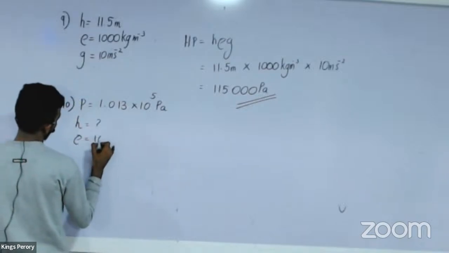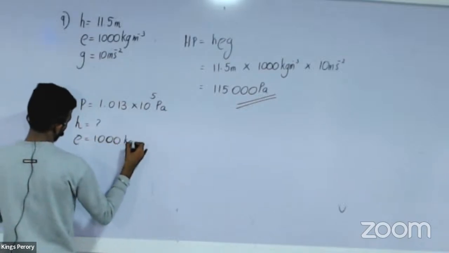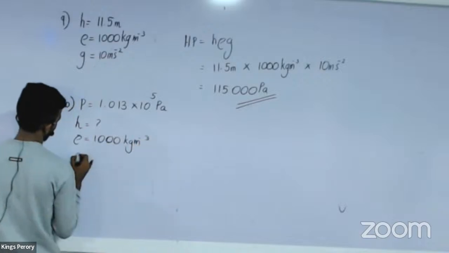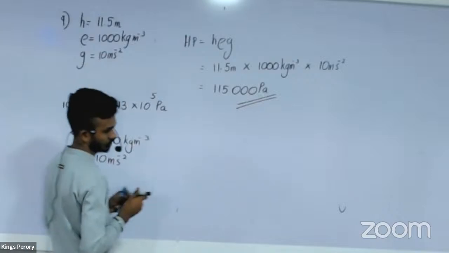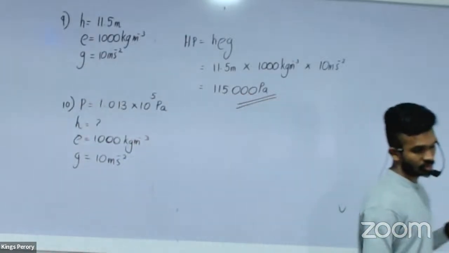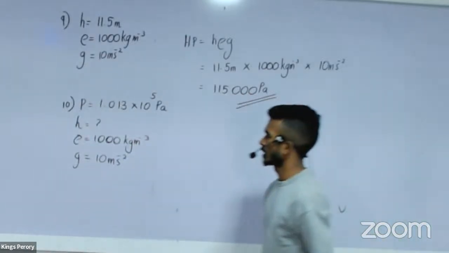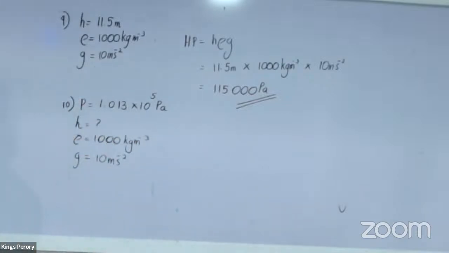Brackets, density of water 1000 kilogram per meter cube. Gravitational acceleration 10 ms to the power minus 2. Density 1000. Gravitational acceleration 10. Quickly work. Practical type question.